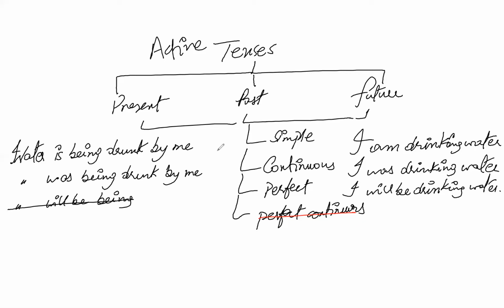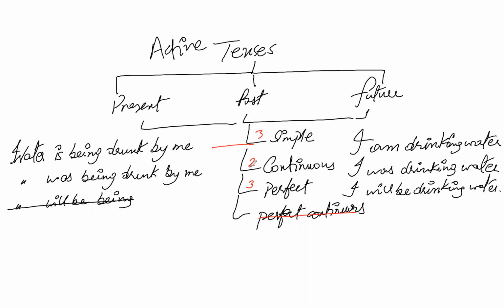So as we did earlier, simple had three sentence structures. Perfect also has three sentence structures, present, past, and future, but continuous is the only one where we do not have a future. We only have present and past, and there is no future.